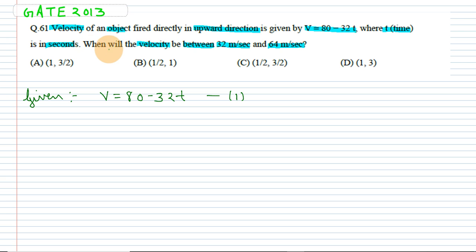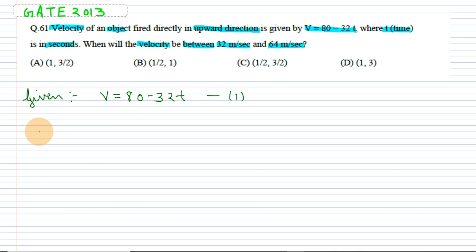They have asked when the velocity will be between 32 to 64 meter per second, which means they have asked the time range in which the velocity will be between 32 and 64.